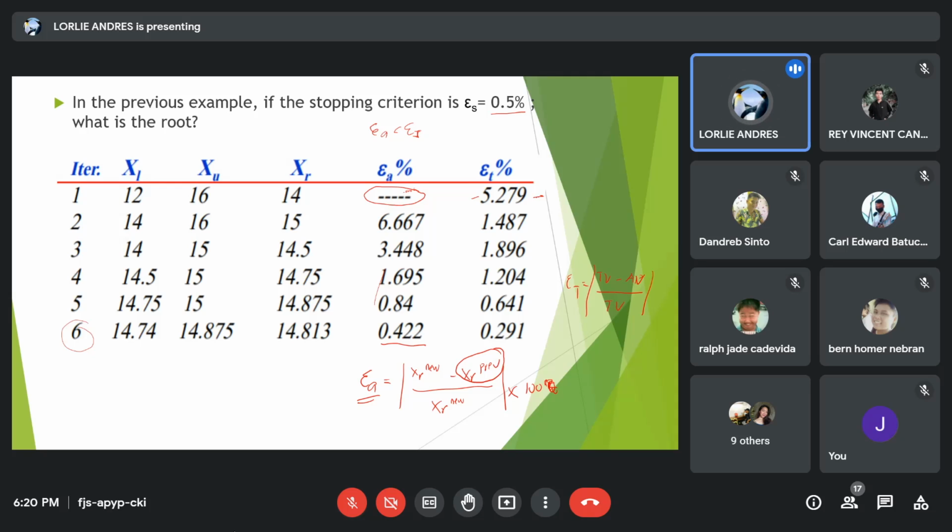Mao ni siya ang pagkuha niya. And then kaning true value na ni siya gihatag na 14 point something, nakalimot ko sa iyang value ani. True value sa kani siya na equation. Mao nang nakuha niya ang true percent relative error.